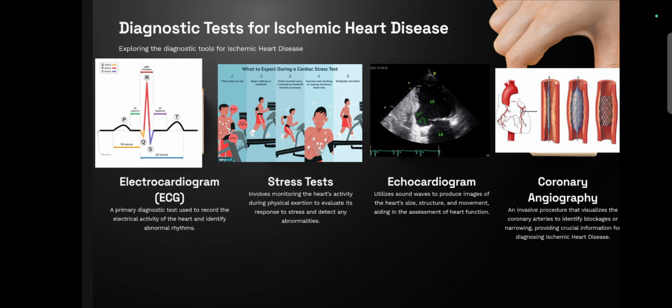Then coronary angiography, if the person has a 2-degree or 3-degree block. Coronary angiography is an invasive procedure that visualizes the coronary arteries to identify blocks and narrowing, providing crucial information for diagnosing ischemic heart disease. So these are all the tests that should be done for the patient.